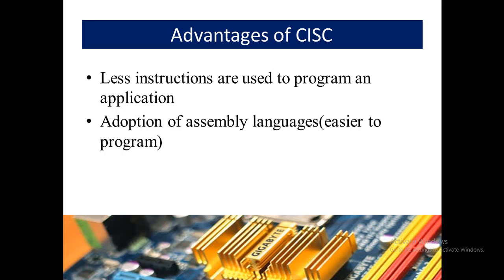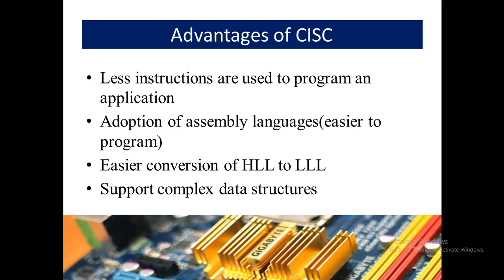We adopted assembly language just because it is easier to program the compiler. So just because of the assembly language, it is easier to convert high level language into low level language. It supports complex data structures that we have discussed earlier. These are the advantages of CISC.